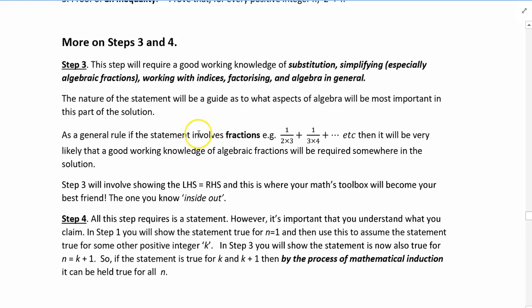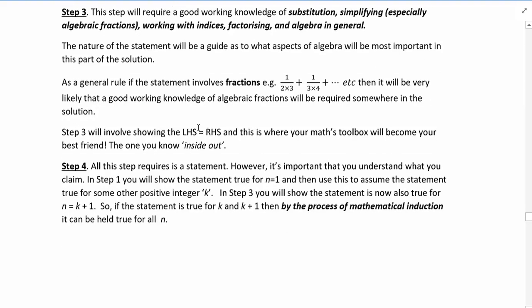All of this will make much more sense when we are actually doing some, but I'm sure by now you know when you see particular things, you've already picked up, hopefully, that if you see terms with fractions, then you might be getting a common denominator. Just things like that.